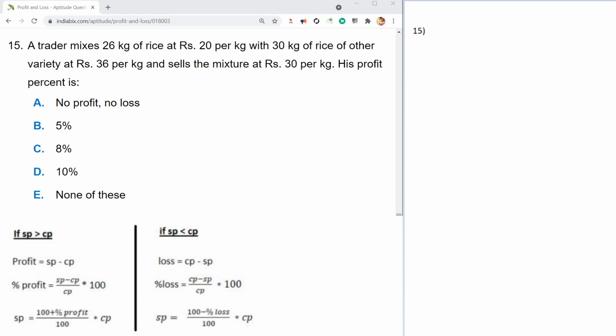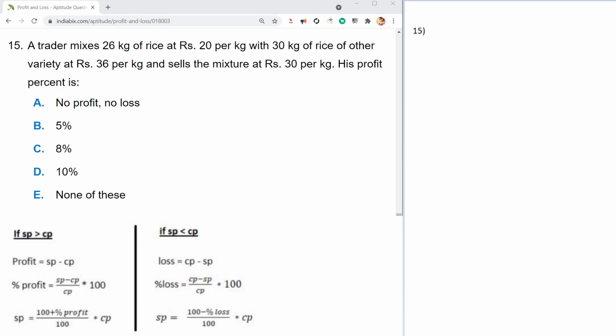A trader mixes 26 kg of rice at rupees 20 per kg with 30 kg of rice of another variety at rupees 36 per kg and sells the mixture at 30 rupees per kg. His profit percentage is? The trader mixes two qualities of rice. The first quality costs 20 rupees, the second quality costs 36 rupees.